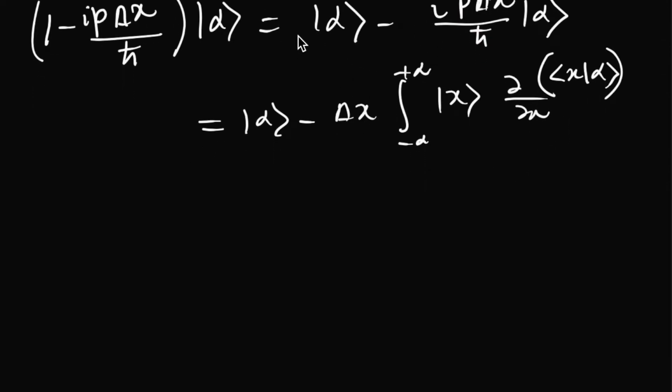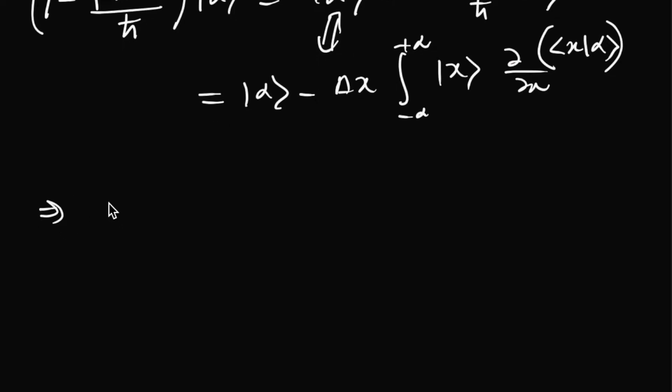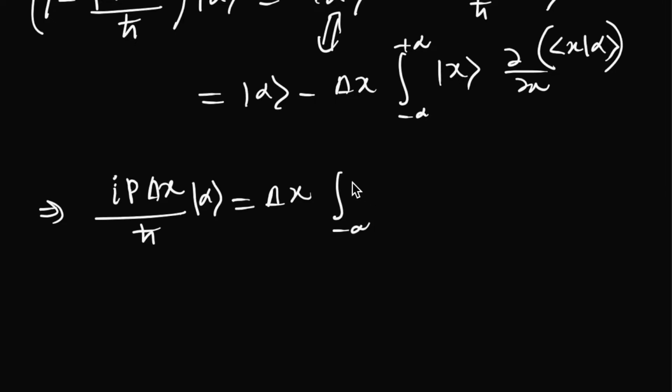From these two relations, we can write that i p delta x by h cut alpha equals delta x integral dx |x> del x <x|alpha>.